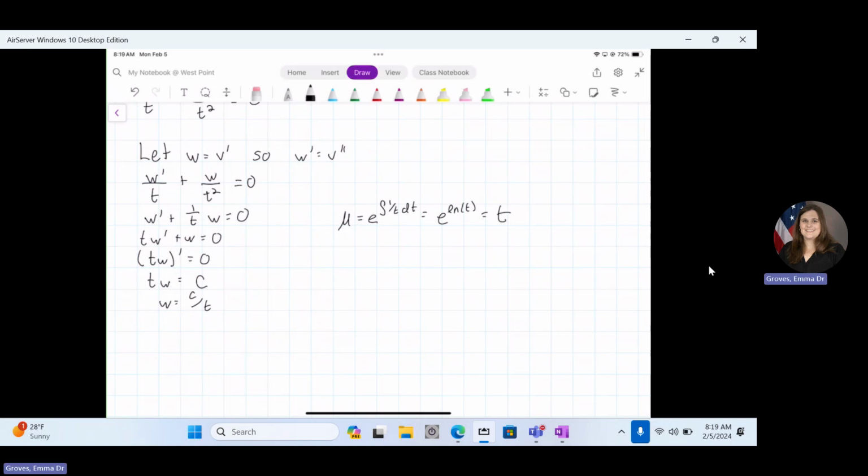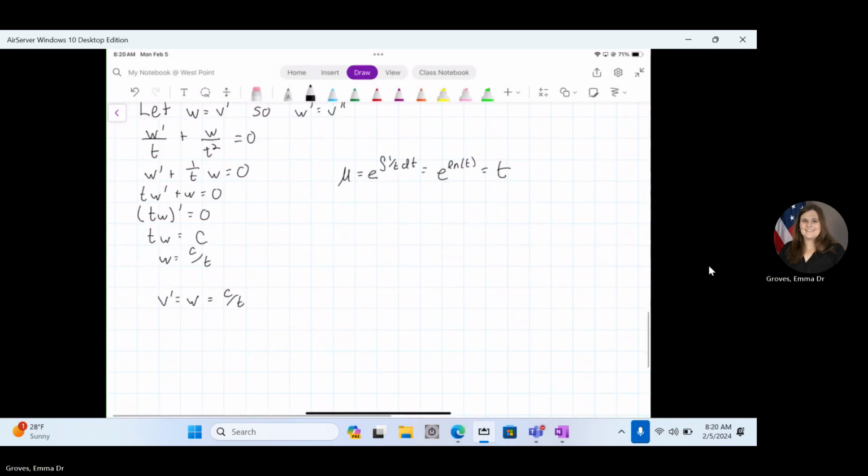So I knew that V prime equaled W. So since V prime equals W, that means V prime is C over T. So what is V going to be? Yeah, just integrate.